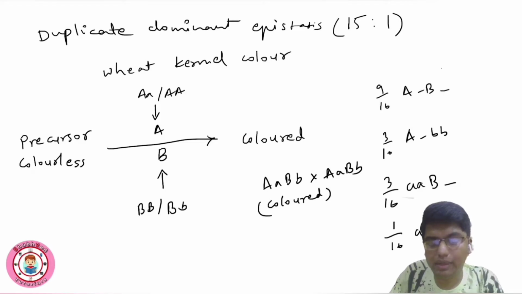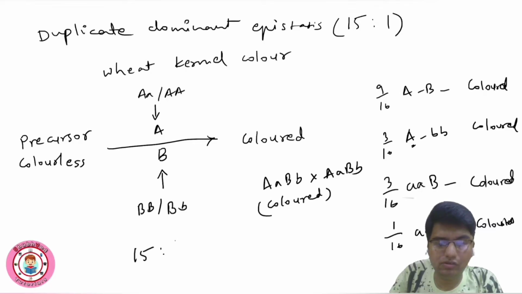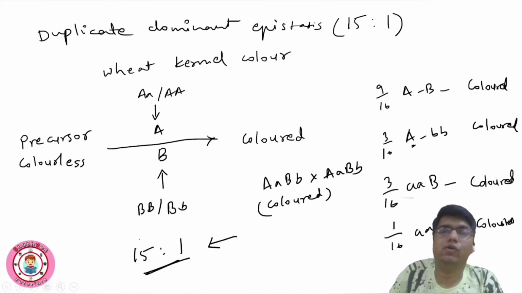Now this A dash B dash will be colored. This A dash bb will be colored, because B is not compulsory. This aa B dash will also be colored, and this aabb is colorless. So all these 9, 3 and 3 are colored, and the ratio becomes 15:1. So this is the modified ratio.